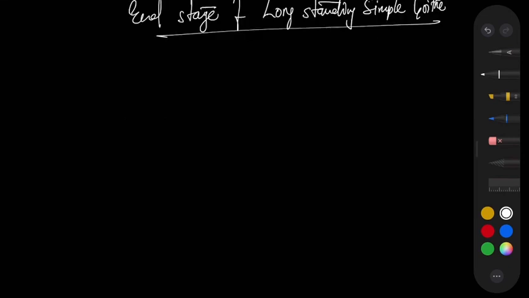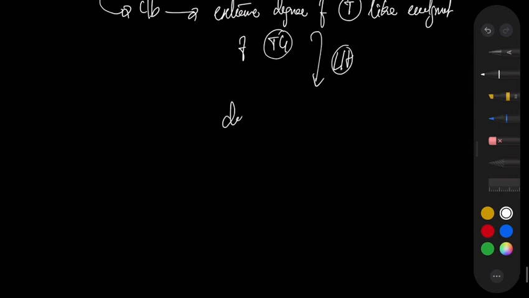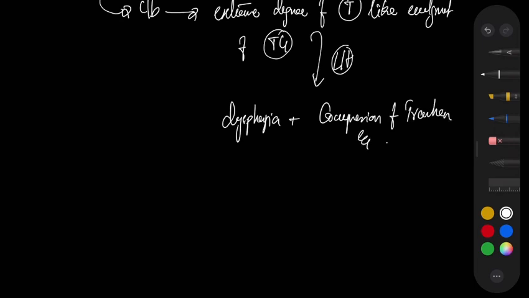This is characterized by extreme degree of tumor-like enlargement of the thyroid gland, which leads to dysphagia and compression of trachea and esophagus, which leads to choking.